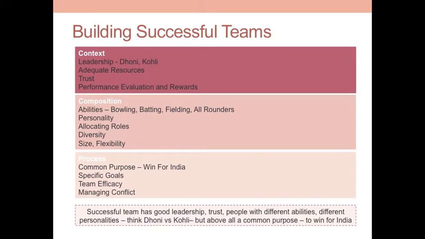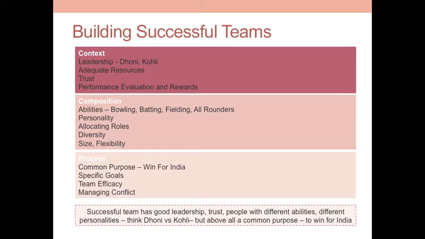So, what does it take to build a successful team? One of the key qualities is leadership. Think again of India's top cricket captains, MS Dhoni and Virat Kohli, and the qualities and attitude they bring that help India win. Also think of team composition. There are players of diverse abilities. Some are good at batting, some are good at fielding, some are good at bowling, but we need them all in the team.